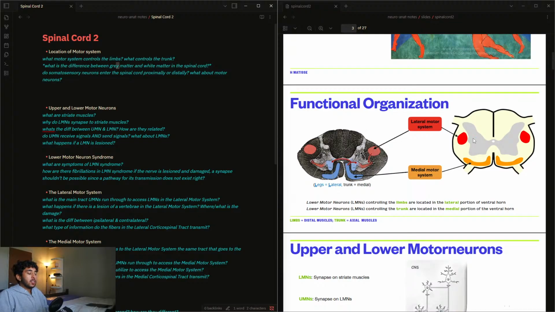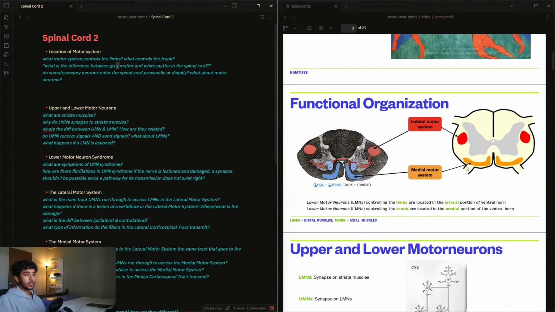I know that nerves need to go through the gray matter before they access the white matter. So somatosensory synapses need to go through the gray matter before they go to the white matter. What about with motor systems? Do they need to go through the gray matter before white? They go in ventrally, right?